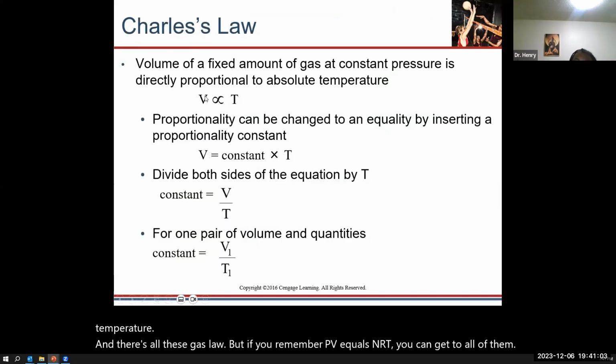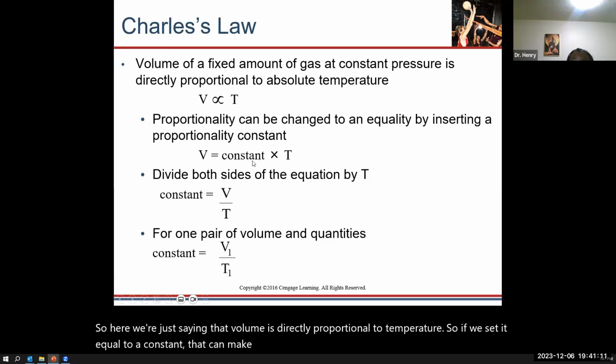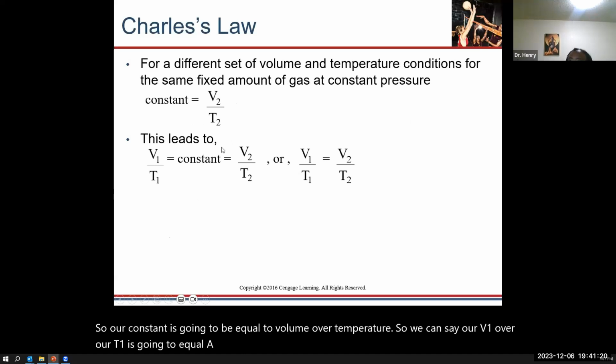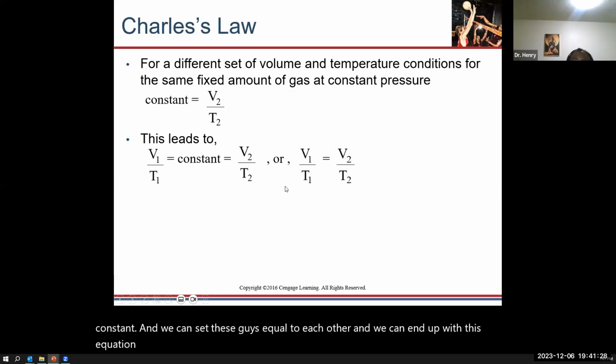Here, we're just saying that volume is directly proportional to temperature. So if we set it equal to a constant, that can make them equal to each other. Our constant is going to be equal to volume over temperature. So V1 over T1 is going to equal a constant, and V2 over T2 is going to equal another constant. We can set these equal to each other and end up with this equation, and that's, again, called Charles' law.